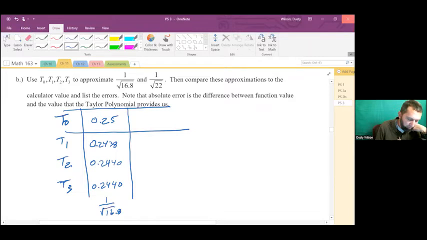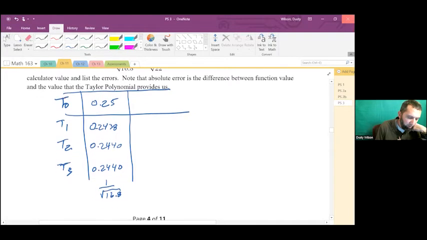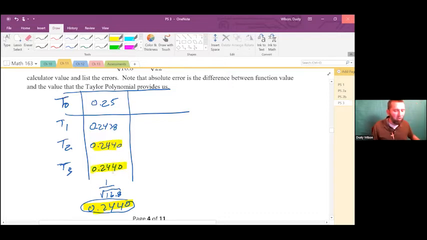And by way of reference, to 4 decimal places, this is equal to 0.2440 using the calculator. So notice we matched our calculator value with our T2 approximation, which is pretty cool. A quadratic was good enough to give us a pretty good approximation of square root of 16.8.